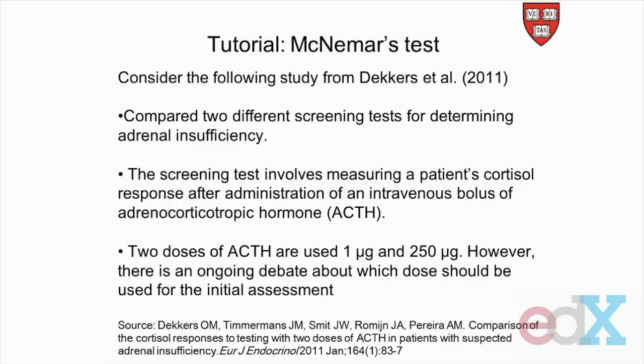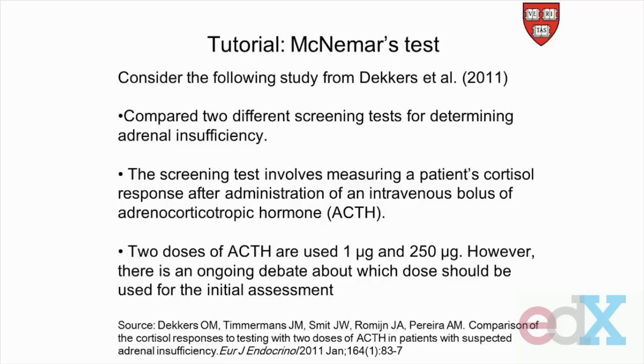For this example, consider the following study. We want to compare two different screening tests for determining adrenal insufficiency. Just a little background, adrenal insufficiency is a condition in which the adrenal glands do not produce adequate amounts of certain hormones. The screening test for this disease involves measuring a patient's cortisol response after administration of an IV bolus of ACTH.